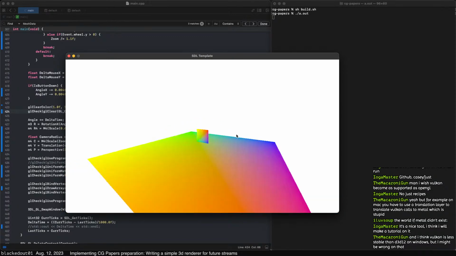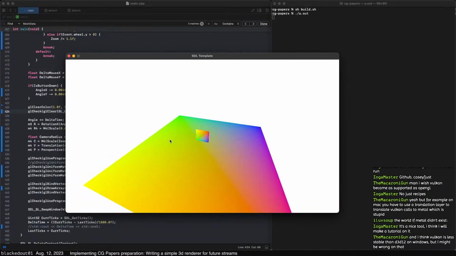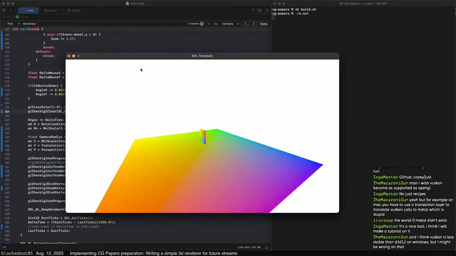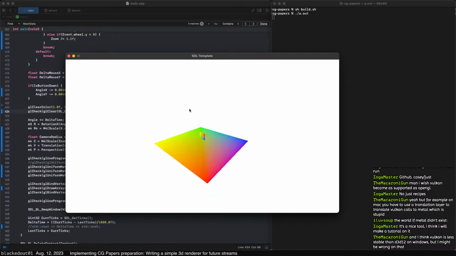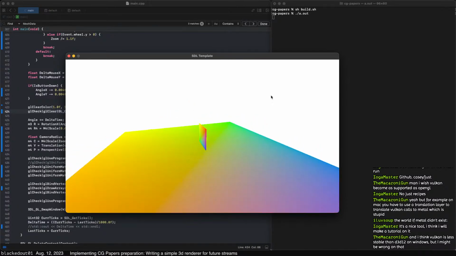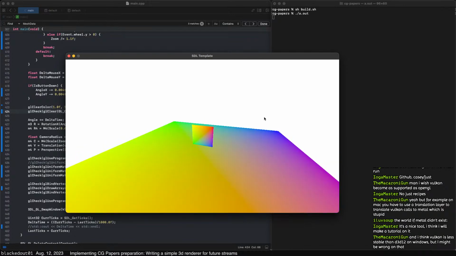So yeah, I think I will leave it at this for the stream. And I think Vulkan is less stable than Direct3D on Windows.